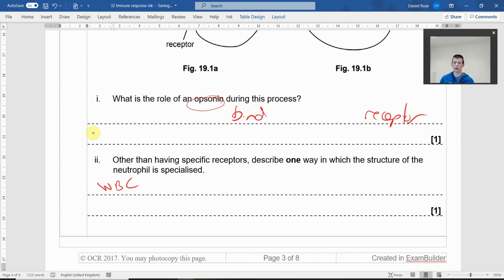So I'm going to say, and we've seen it's got that kind of multi-lobed nucleus, so I'm going to say it's got more, so I'm doing a comparison, rough ER for more protein synthesis. So again, I've developed that answer, not just given one point, not just more rough ER, I've given it in a little bit more detail.